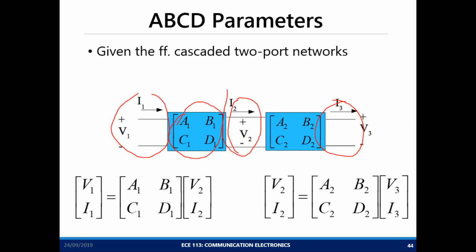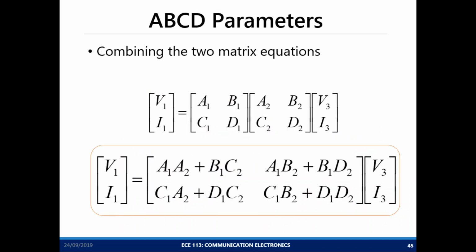V2, I2 here is related to V3, I3 here by the ABCD parameters of this network right here. Combining the two matrix equations, we can now relate V1, I1, which is the input, and V3, I3, which is the output, by multiplying the two matrices of your ABCD parameters. This is just matrix multiplication, and you'll get this.